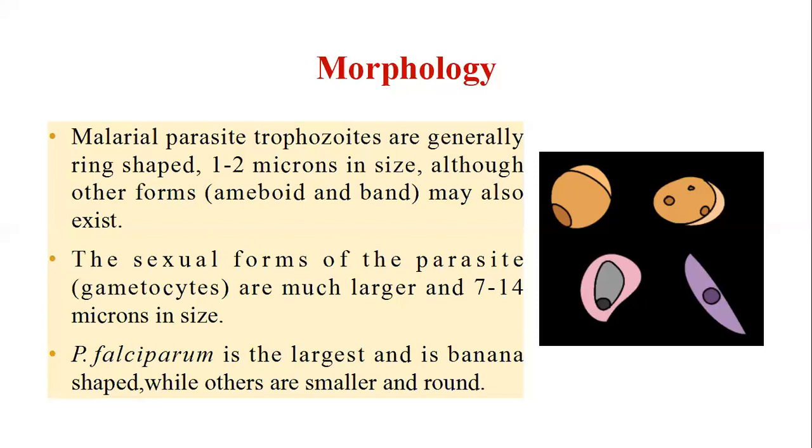They are of different shapes, as you can see here. Plasmodium falciparum is the most severe, meaning the most deadly agent of malaria. It has this particular banana shape.